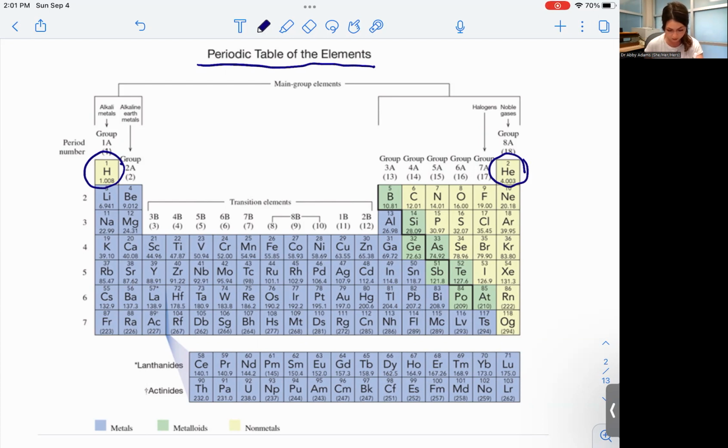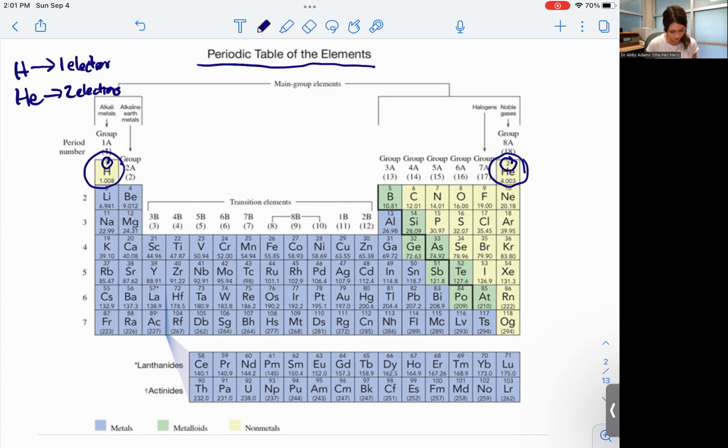So if we take hydrogen, all right, and helium, we know that hydrogen has one proton, but it also has one electron, right? And helium has two electrons. Okay, we can see that, right? Because we know that this is both the number of protons, and in a neutral atom, that's also the number of electrons, right?